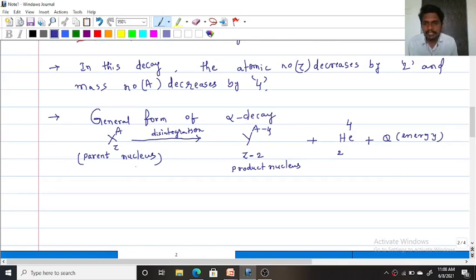So this is the general form of alpha decay. When a nucleus X disintegrates and one alpha particle is emitted, its proton number decreases by 2 units and mass number decreases by 4 units, along with some energy liberated.